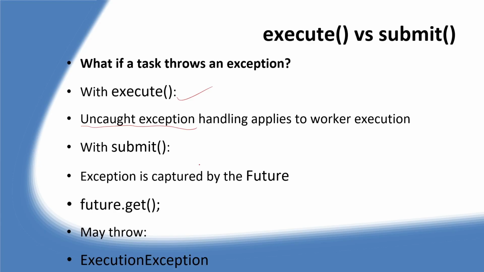And with submit, the exception will be captured as part of the Future, because submit returns a Future, and in that Future we will have the exception or the result. So when we call the future.get method, the failure can be reported through an ExecutionException.